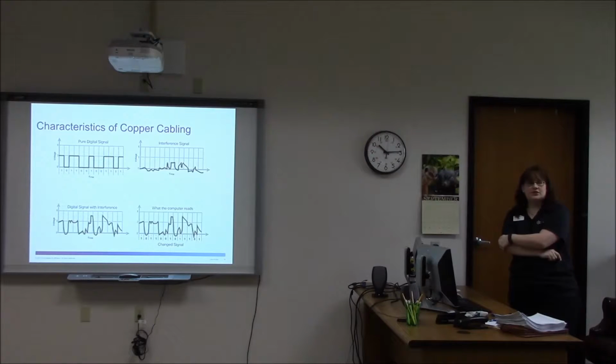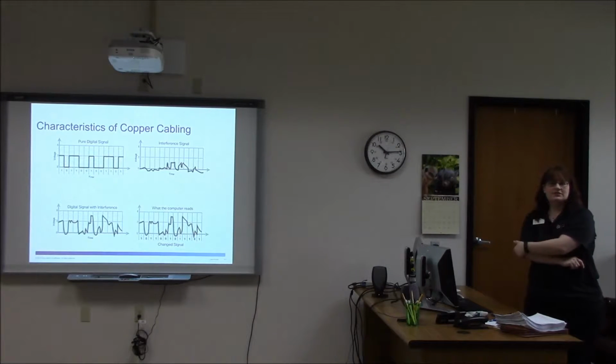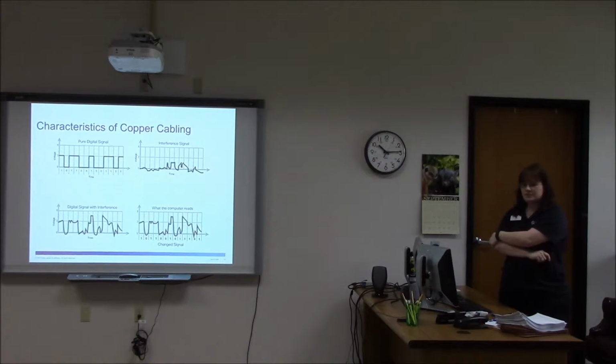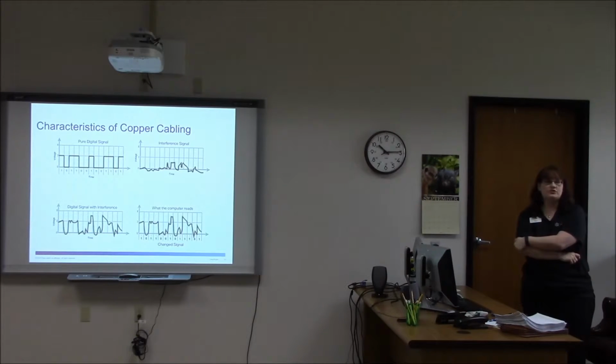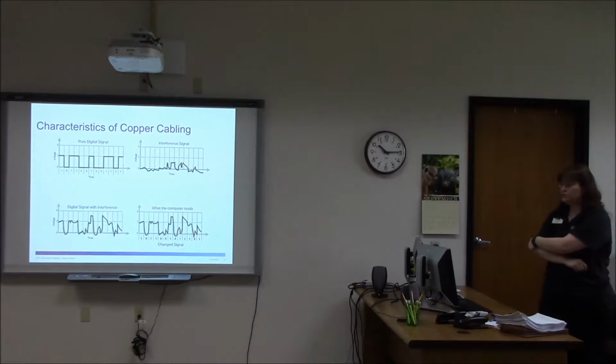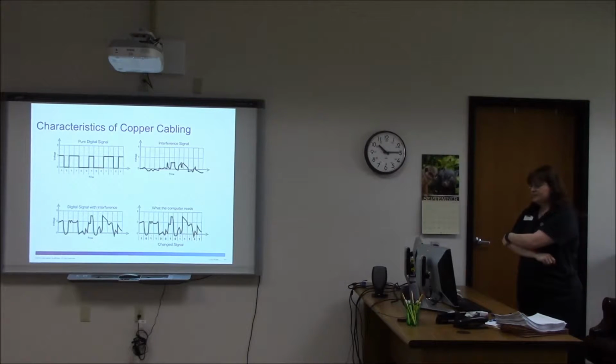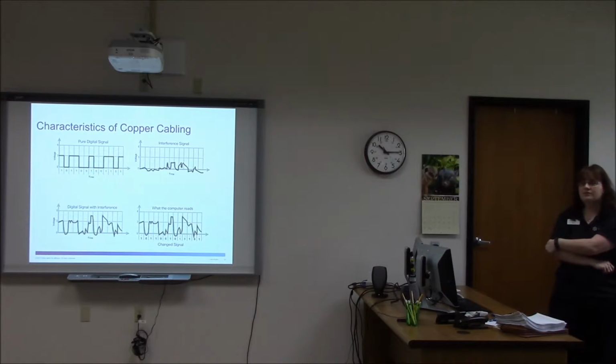And that's 330 feet for those of us that did not grow up understanding the metric system. Another problem with copper cabling is it's pretty susceptible to what we call electromagnetic interference. So other waves bouncing around might actually make the signal degrade or drop completely. That means the computer could get the wrong information, or in some cases, no information at all.